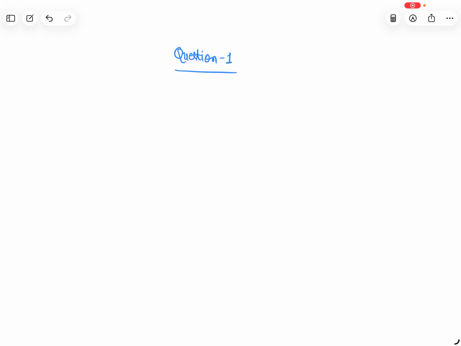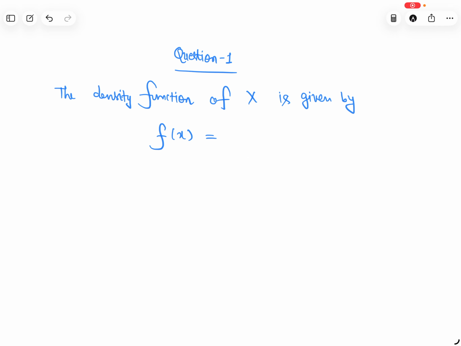Today we are going to see a very important question. The density function of x is given by f(x) = ax + b if x is between 0 and 2, and 0 otherwise.